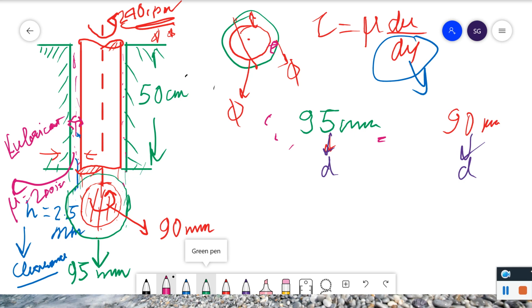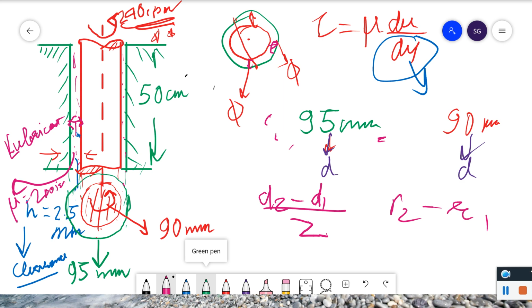So we will find out this space. We just have to write d2 minus d1, that is d2 minus d1 upon 2. Why 2? Because we are required to find this one, which is r2 minus r1.